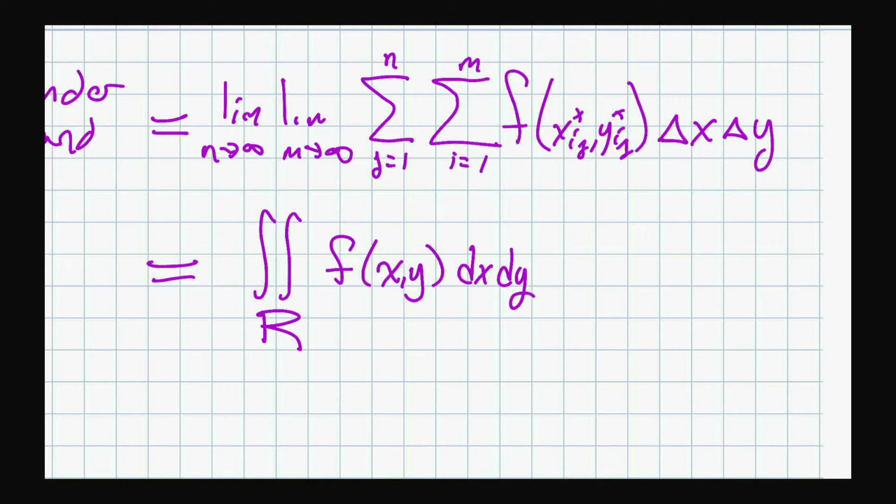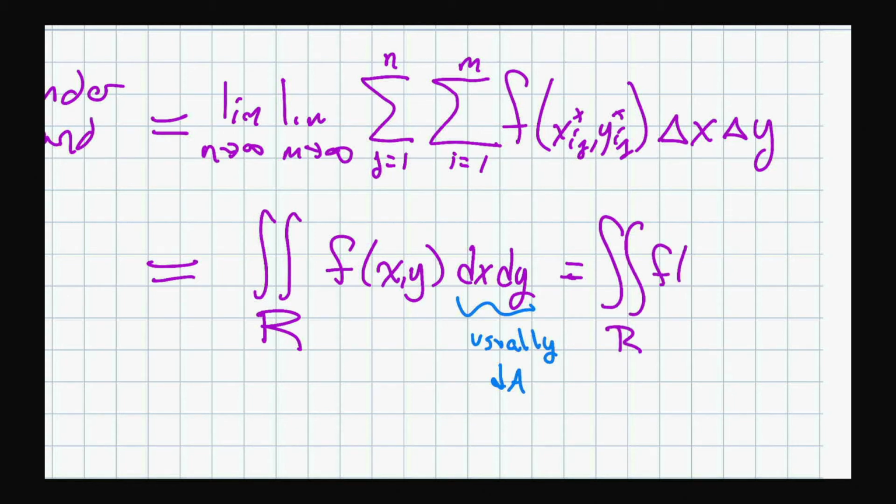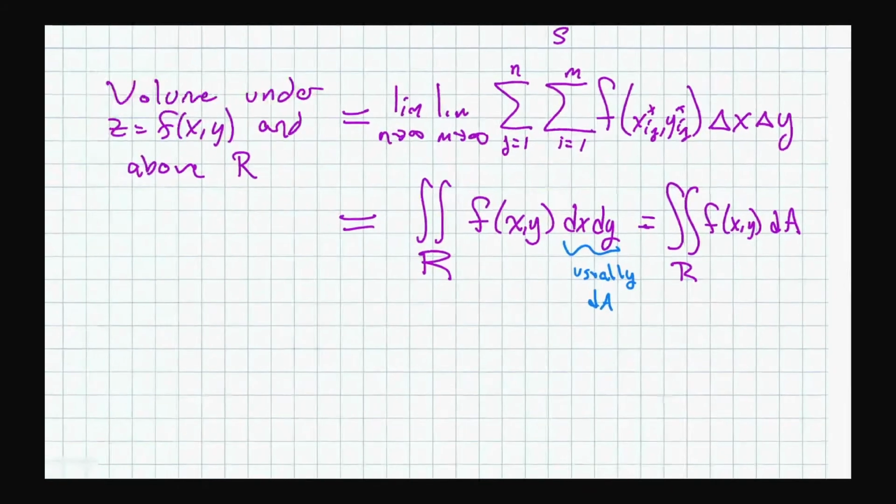In this form that I'm showing you, this is usually dA. And so you usually will see it written this way: double integral over R, f of xy, dA. They kind of save the dx dy for slightly further along from where we are. Okay, so this is more commonly what you'll see at this point of what you're learning.